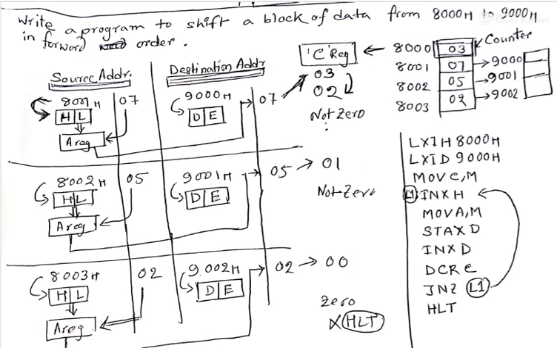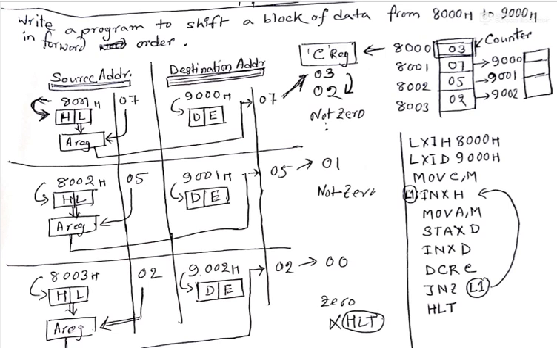From the title of the experiment, it is clear that we have to transfer a block of data from the source address starting from 8,000 location to the destination address, that is 9,000 location.